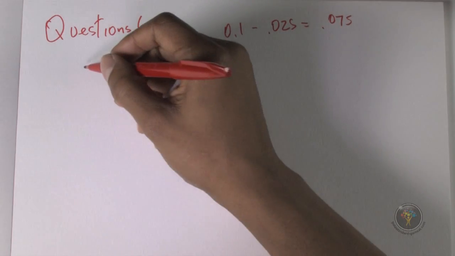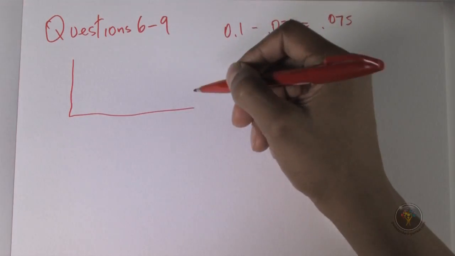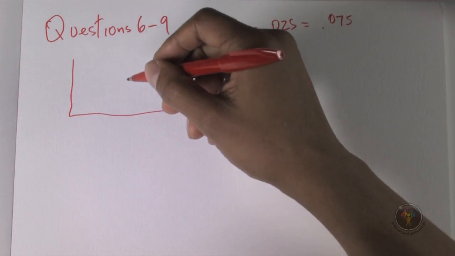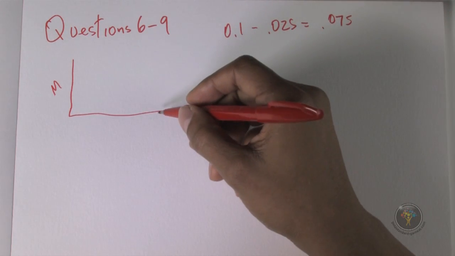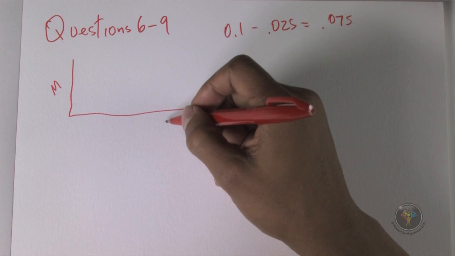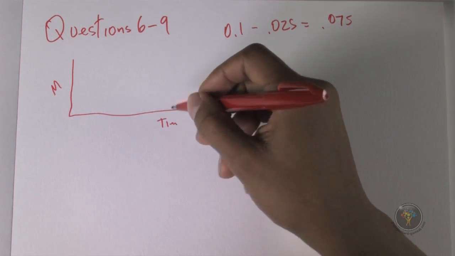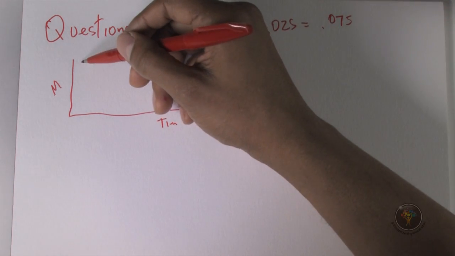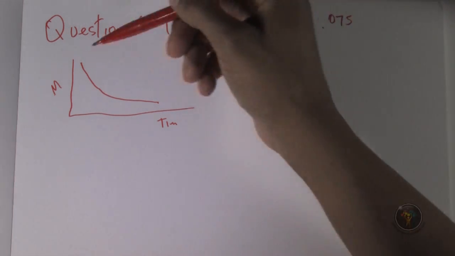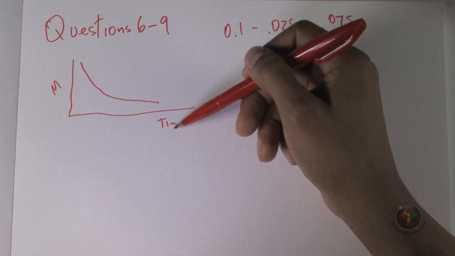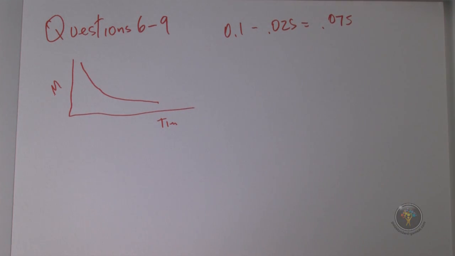And for the graph itself, we have moles per liter over here, which is molarity, that I'm just putting a capital M for. And then we have time down here. And so the curve does something like that. Looking at the curve, if I know that it's molarity over time, that's how I can get a rate.